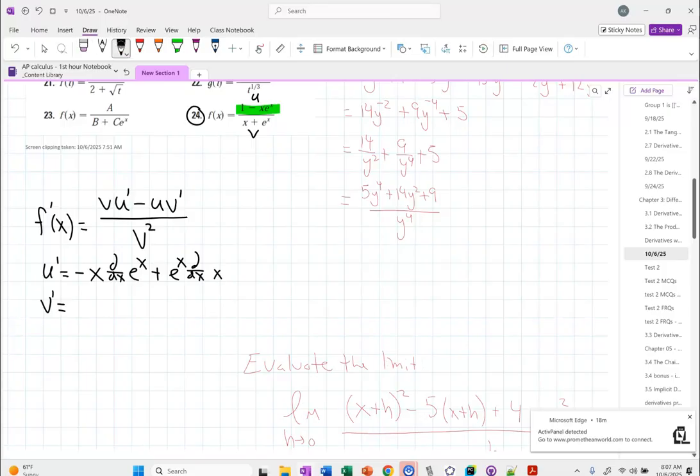Except I wrote that wrong. That should just be an x there. All right. So we have negative x e to the x plus e to the x. Everybody okay with what we did there? Oops.